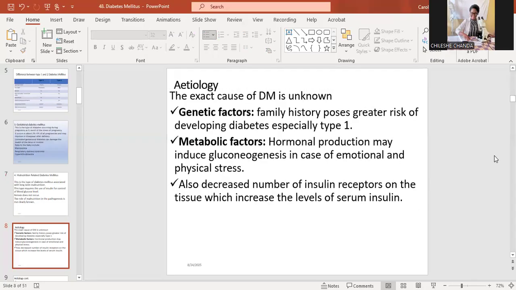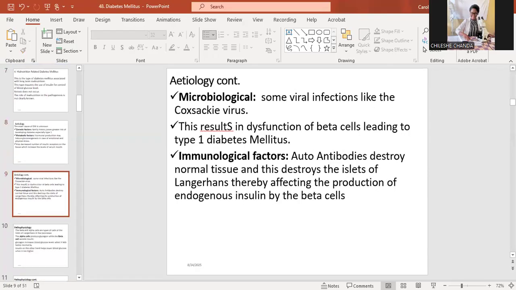Metabolic factors, for example, hormonal production may induce gluconeogenesis in case of emotional and physical stress. Decreased number of insulin receptors on the tissue, which increases the levels of the serum insulin, and therefore you find that the tissues will not be responding to the insulin.